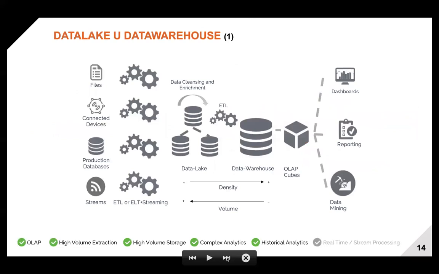Now here we can find also other solutions in order to include the data lake in the BI architecture. So the idea here is not just to integrate big data technologies, but also to have new storage, like the data lake.